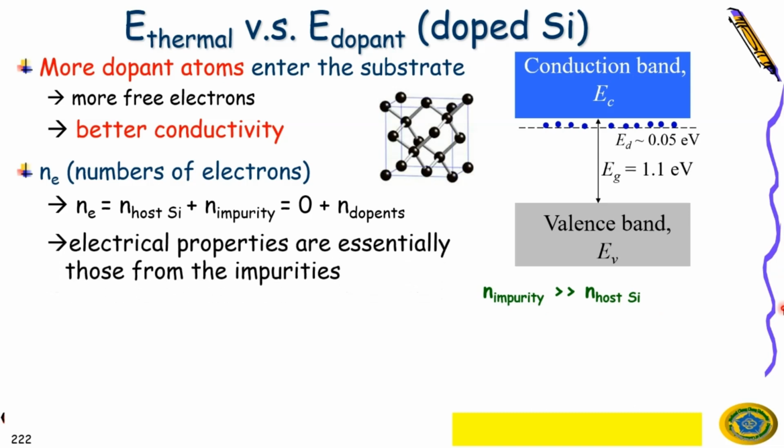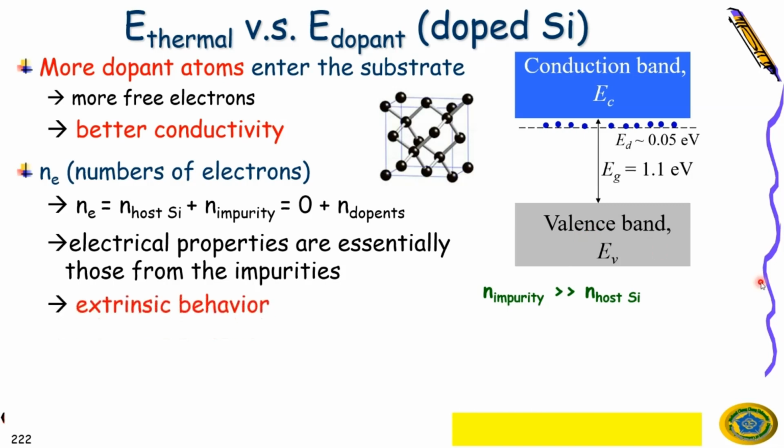So the electrical properties essentially come from the impurities. So if you want to control the conductivity, it depends on the number of these electrons, not on the number of electrons in the valence band.